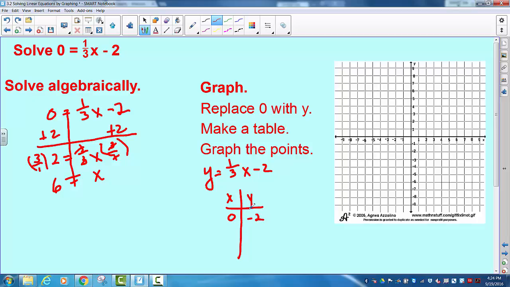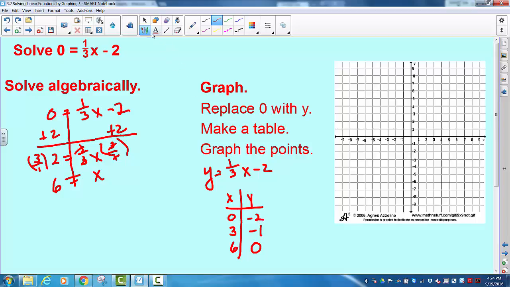Now whenever you are filling in a table and you've got a fraction, it's always a good idea to choose multiples of the denominator, because it makes it easier on you. So let's choose 3. 1/3 of 3 is 1, and 1 minus 2 is -1. Then we'll try 6, because 6 is a multiple of 3. 1/3 of 6 is 2, and 2 minus 2 is 0.